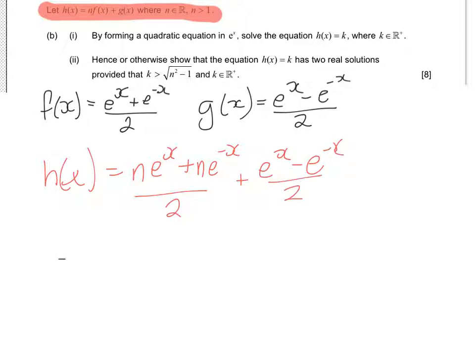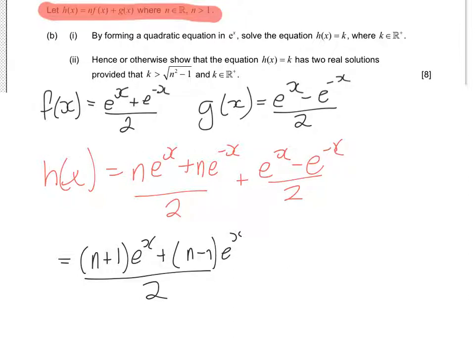With a little bit of rearranging, that becomes n plus 1 e to the x plus n minus 1 e to the minus x all over 2. And we want to solve when that equation is equal to k.